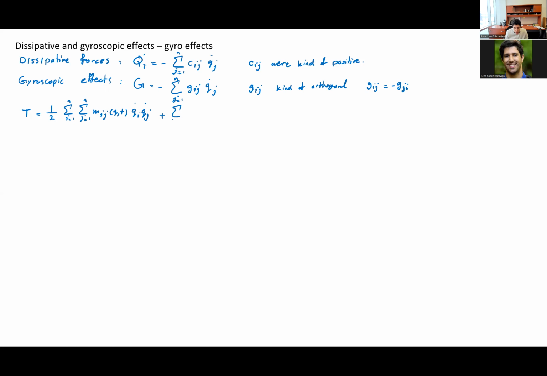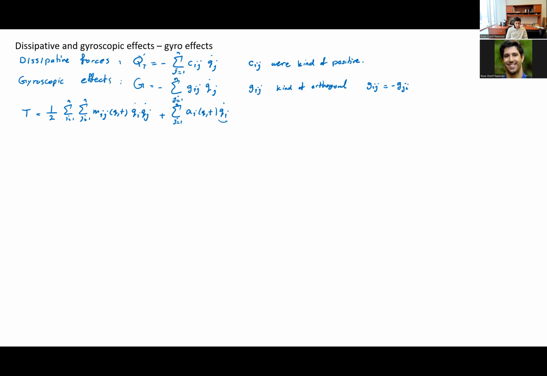Sum of i from 1 to N. Sorry, they're too close to each other. Some functions Ai, again, possibly function of positions and time, times q dot i. So this is a quadratic term. I have q dot squared in the first one.